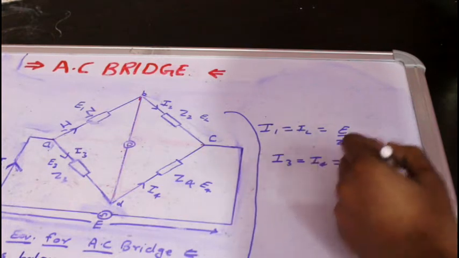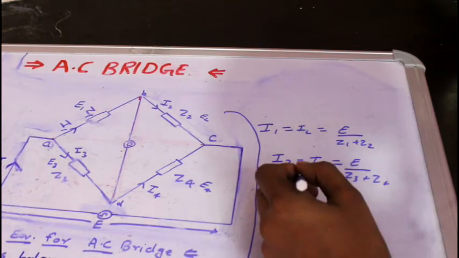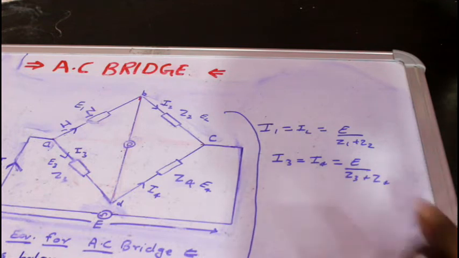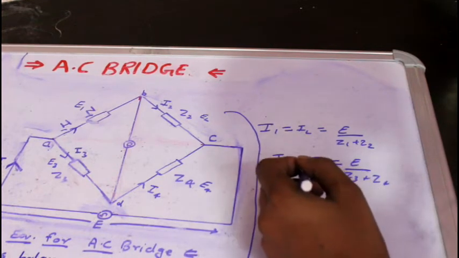So we have the values of I1 and I2. Put these values in equation 1.